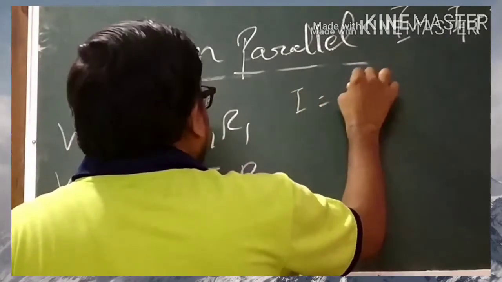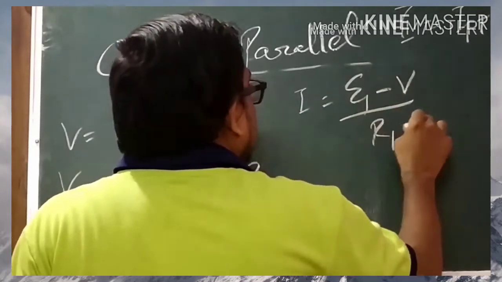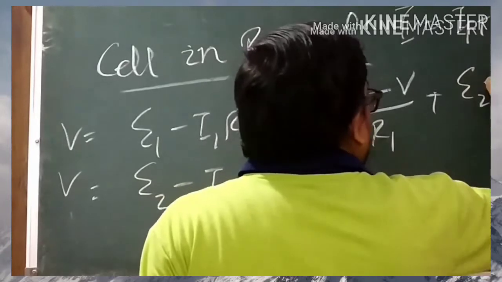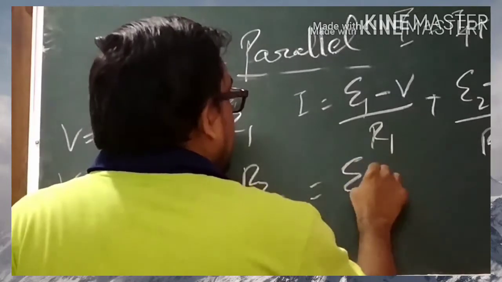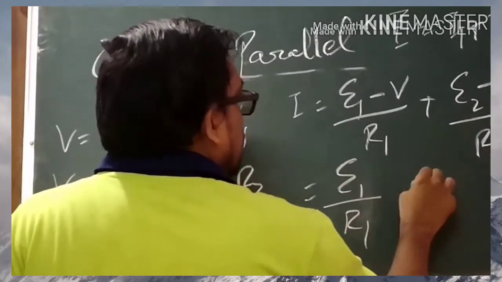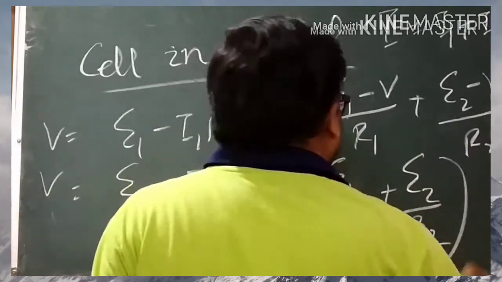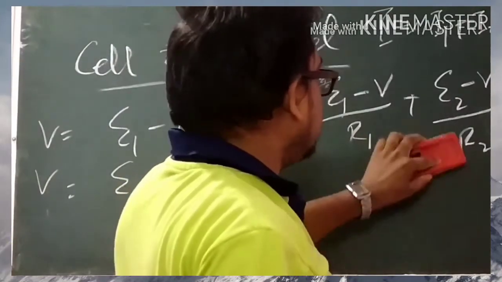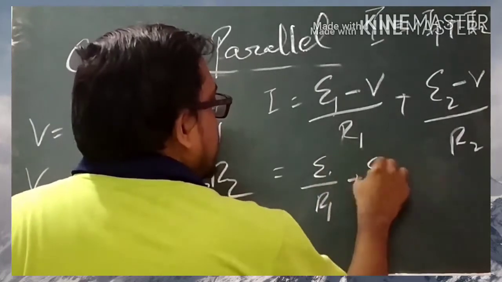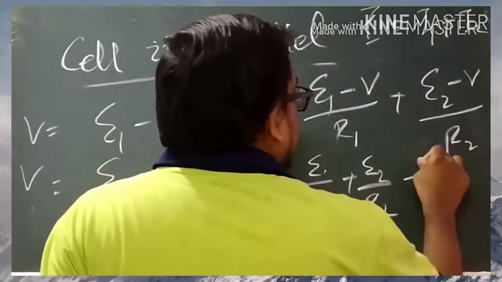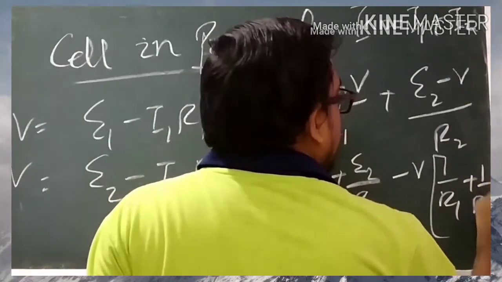So I is E1 minus V by R1 plus E2 minus V by R2, which is E1 by R1 plus E2 by R2, and taking V common, 1 by R1 plus 1 by R2.